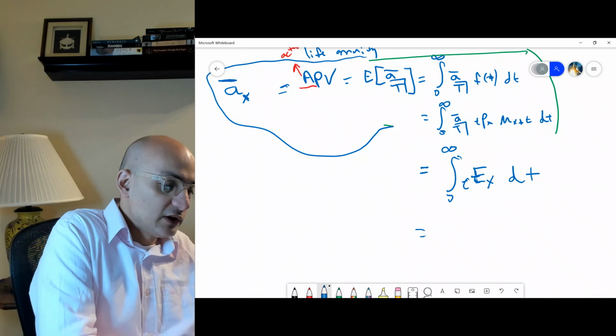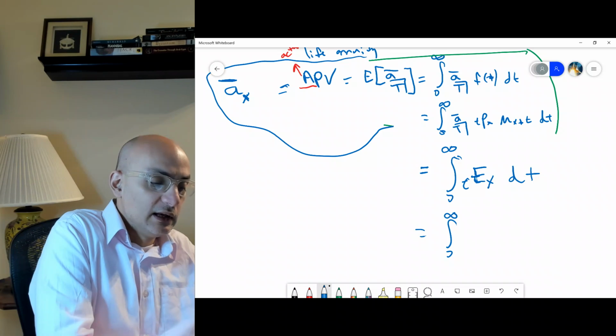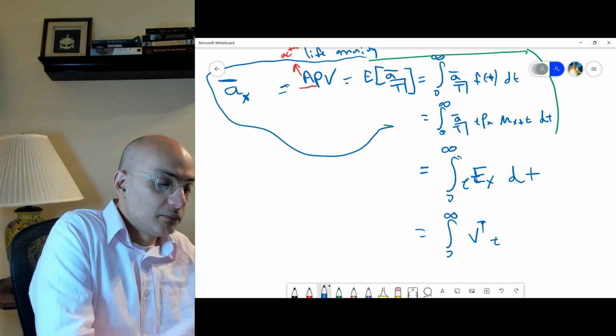This can also be written as the integral from 0 to infinity of t E x, where remember the actuarial discounting is v^t multiplied by t p x.